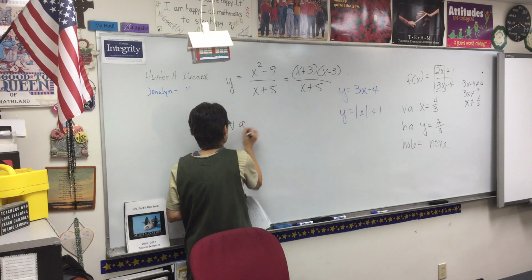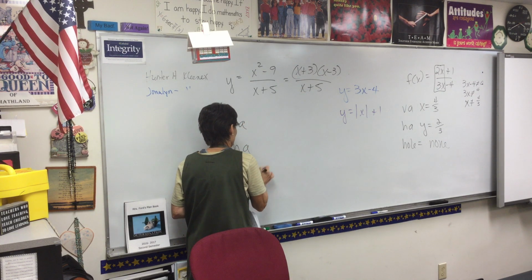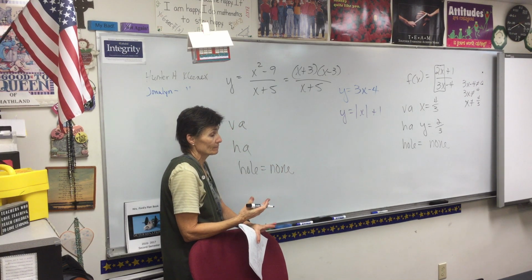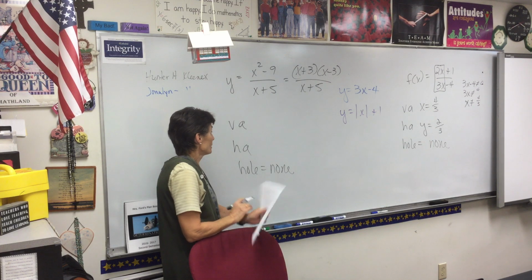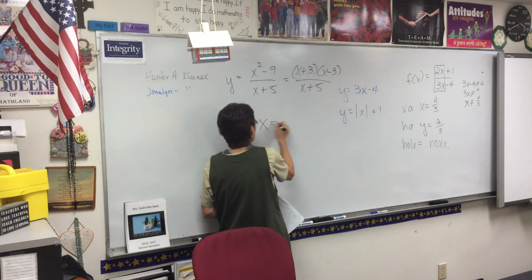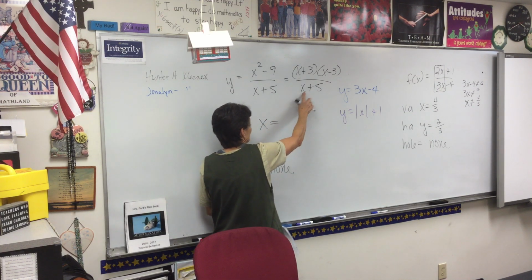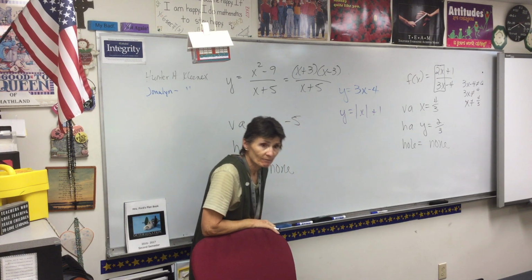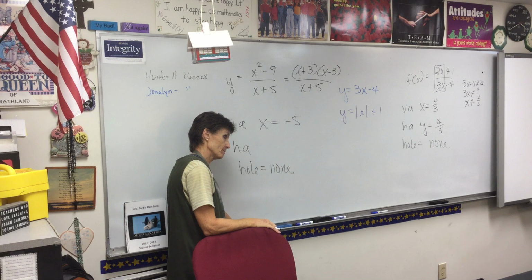So what does that mean? Once again, no holes. What can x not be? Where is my vertical asymptote? -5. Because if x is -5, your denominator is 0, and that is not allowed.